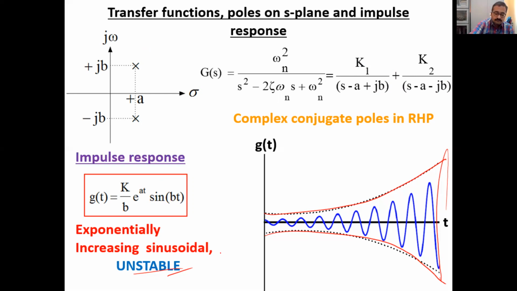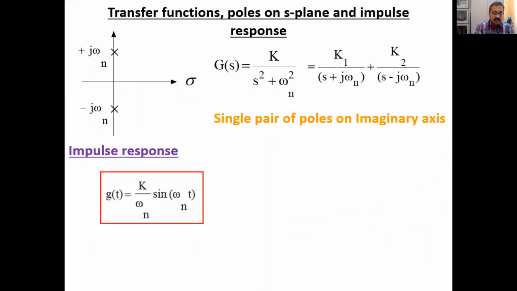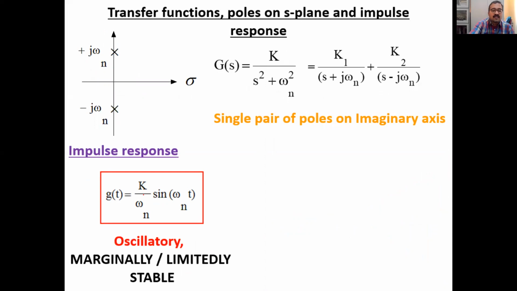Let's continue. Now suppose you have one pair of poles on the imaginary axis like this. So what will be the impulse response? K by omega n sine omega nt. K is a constant, omega n is a constant. That means it is a constant oscillation.